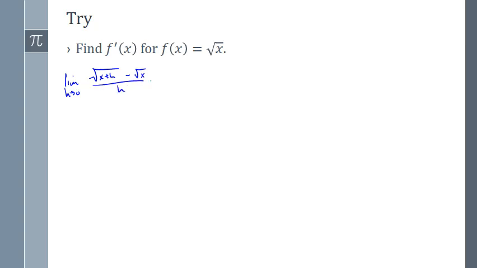We're going to apply the conjugate, radical x plus h plus radical x over radical x plus h plus radical x, and I had to do that because I can't directly substitute yet. So I get the limit as h goes to 0 of x plus h minus x, all over h times radical x plus h plus radical x.